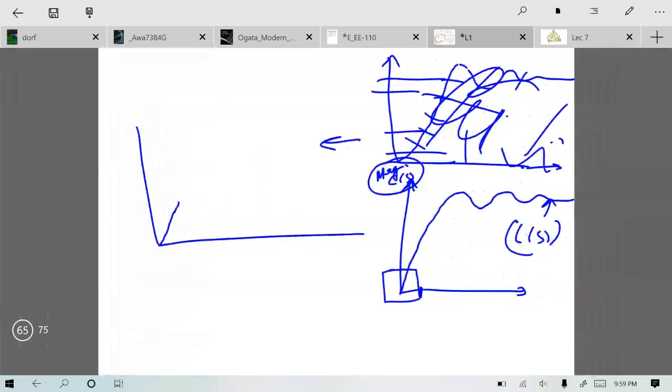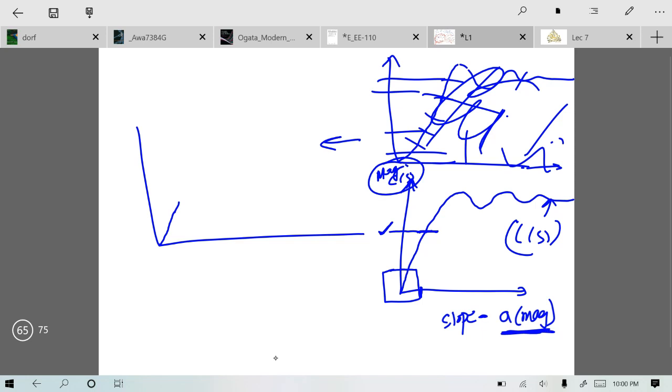So let's say at this point the magnitude of C of S is this and the slope of C of S is lesser as compared to this one. The magnitude of C of S is increased, the slope of C of S is decreased. So the slope of C of S minus A into magnitude.